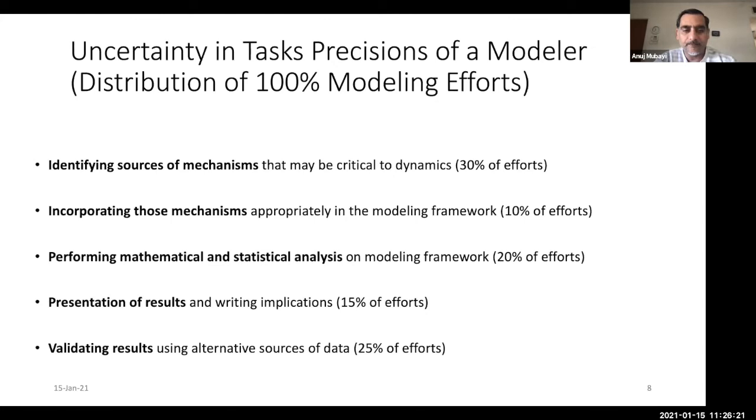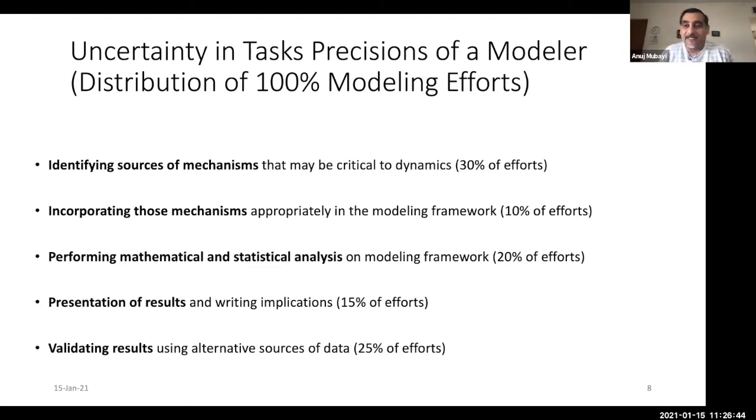And the last part is validating your results, whether your results are right, and presentation of your results. That takes like 20 to 30% of the time. So when people teach biomathematics, they only talk about mathematical analysis.